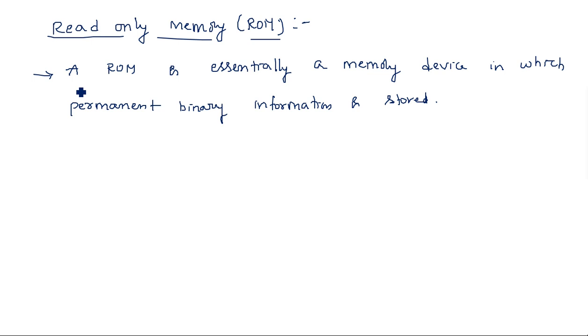Once the pattern is established, it stays within the unit when the power is turned off and on again. So the main purpose of ROM is that even if the data is stored inside the memory and the power is gone, the data will not erase.